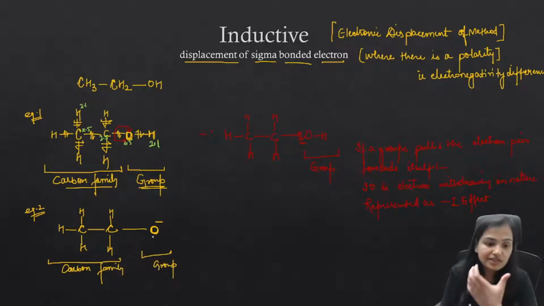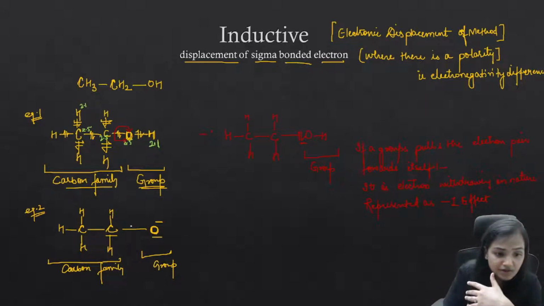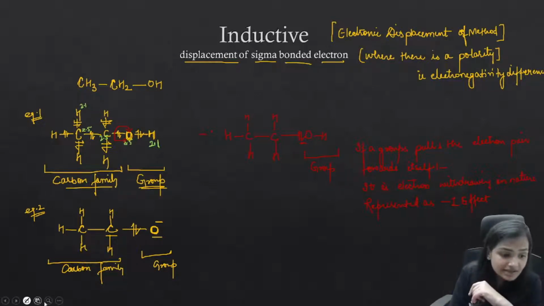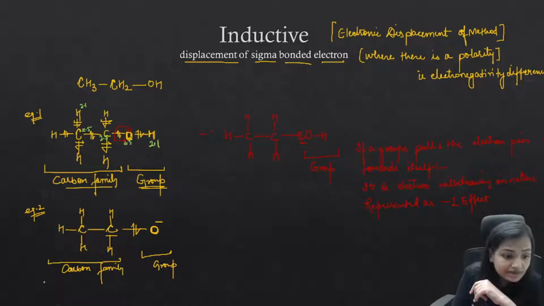If I focus there, you will say that carbon and oxygen, oxygen is very electronegative. So if I look at this pair of electrons, yes, oxygen is more electronegative. But just focus on one of the most important things which cannot be avoided: here oxygen has a negative charge.